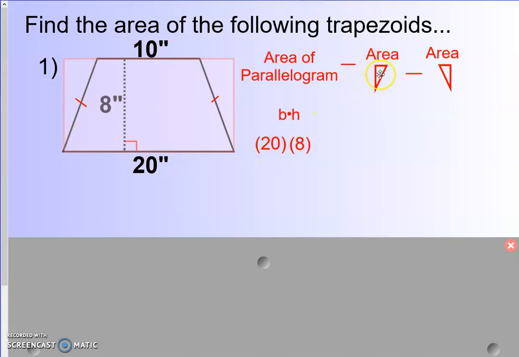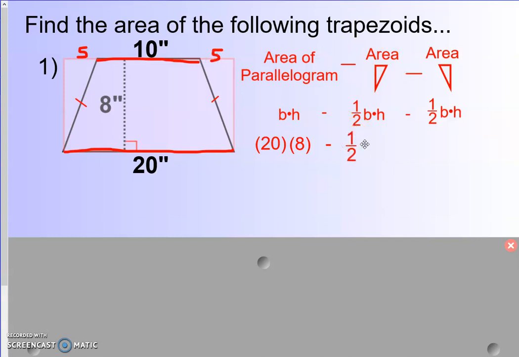Now, we're going to subtract the area of a triangle. And again, I want to see the formula we're using. So we're going to subtract 1/2 the base times the height, and we're going to subtract the area of the triangle on the right, which is 1/2 base times height. Now for this triangle here, I think we have to do a little bit of planning. If this distance is 10 and this whole thing is 20, can you figure out that this has to be 5 and this has to be 5?